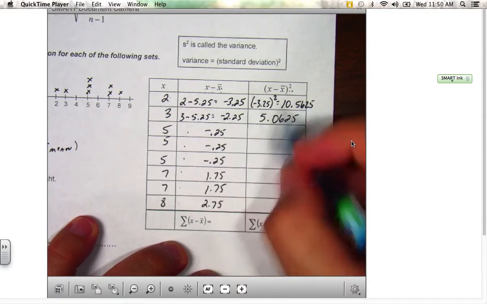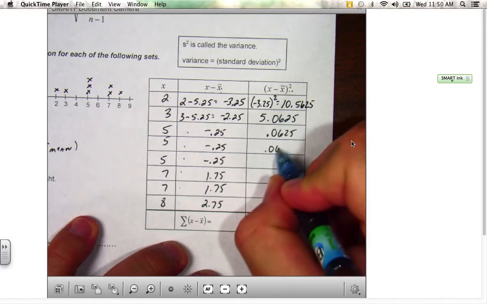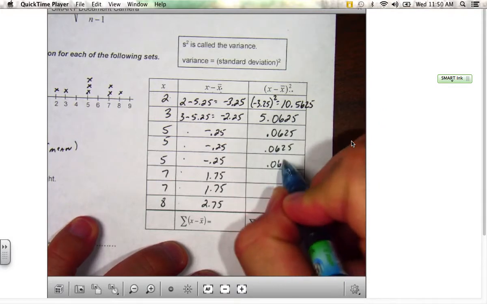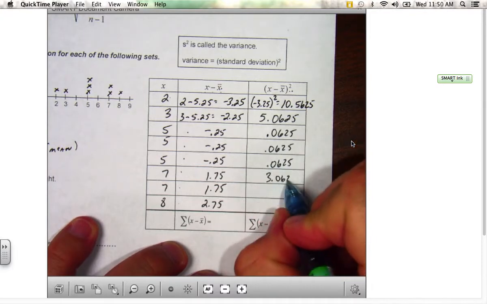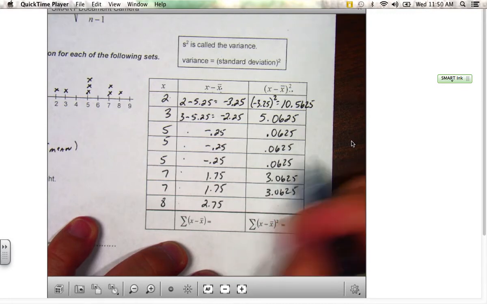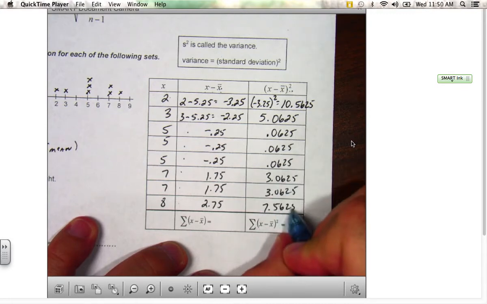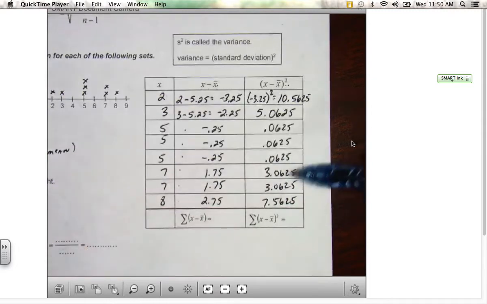I've already done these for you, so we'll put these through: 0.0625. Again, I'm squaring these numbers, making them all positive. 3.0625, 3.0625, and finally 7.5625.